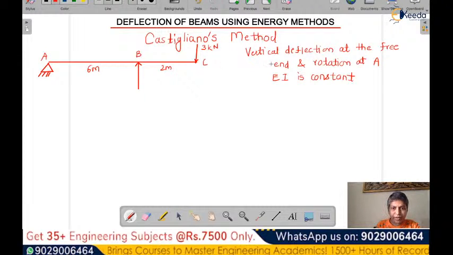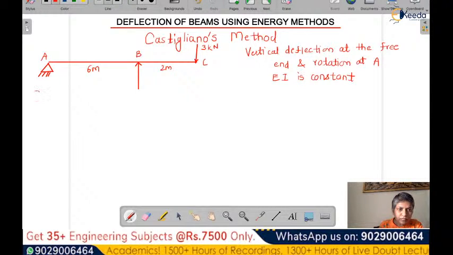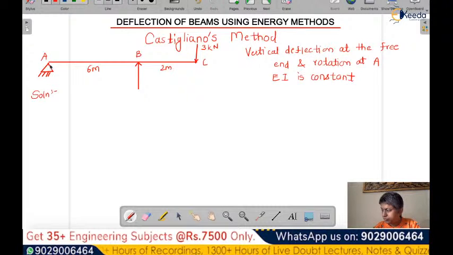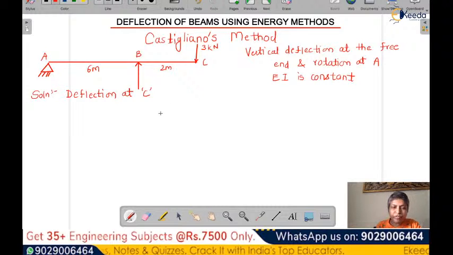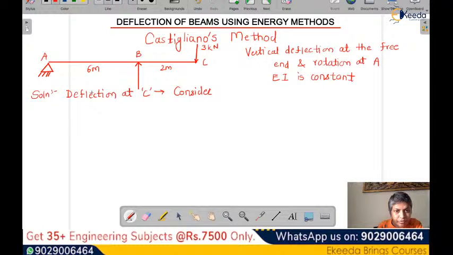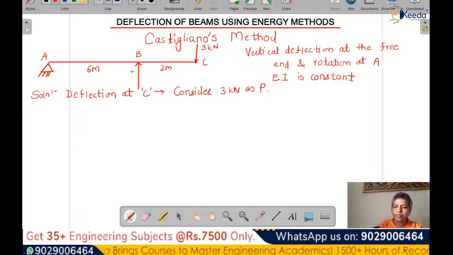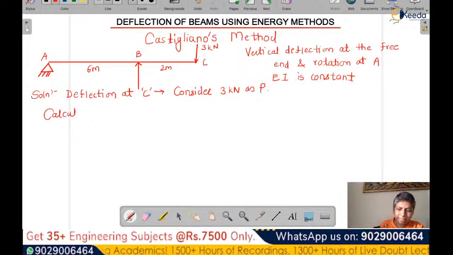We have to find out the vertical deflection at the free end, which means we have to calculate the deflection at C. So to calculate deflection at C, we are going to replace this 3 kilonewton load with P. Consider the 3 kilonewton load as P, because our question is to find the deflection at point C. Now when we consider it as P, we are going to calculate the reactions in terms of P.